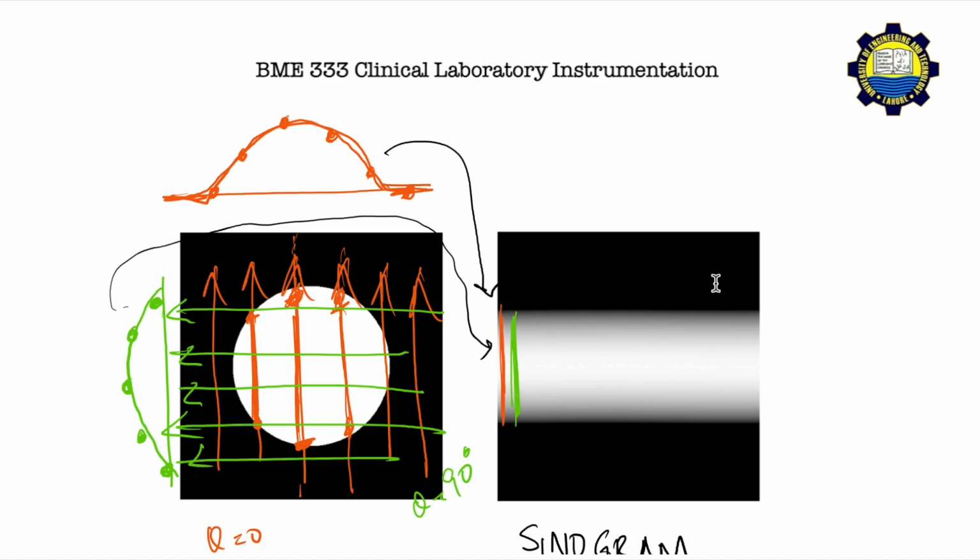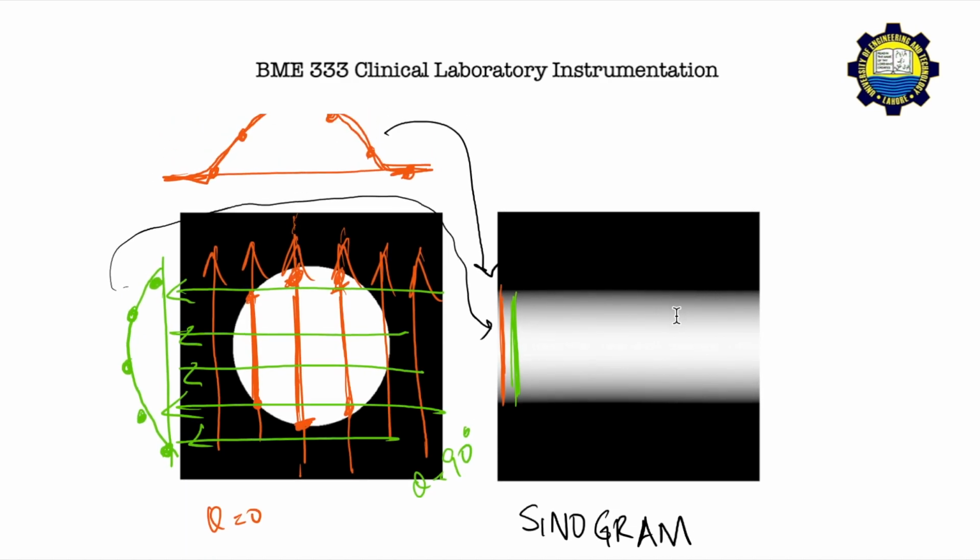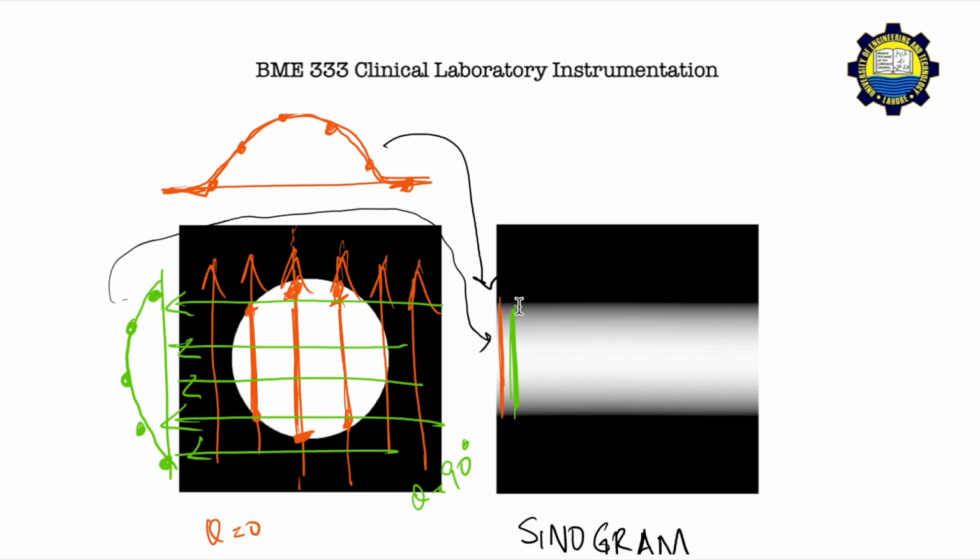If you did not have the information about the original image, the image on your left hand side, and I would only give you a sinogram on the right hand side, you would vaguely be able to tell that since each projection is similar in magnitude as well as in size, it is more likely a circle. So you should be able to tell that, okay, this is a sinogram for a circle.